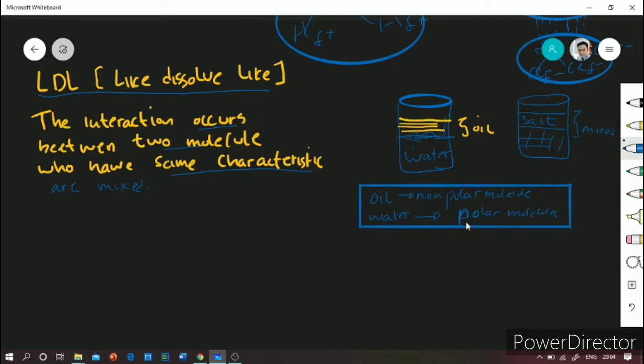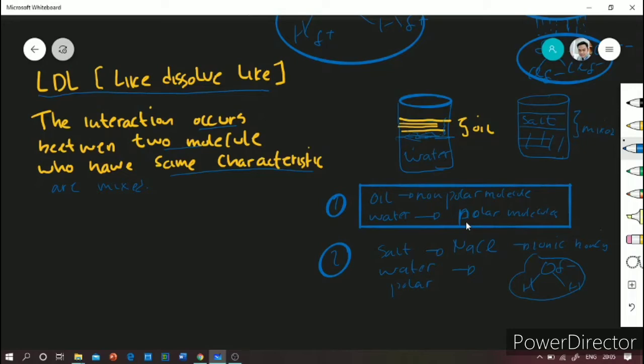But the salt, in the second case, is ionic bonding. Salt is NaCl, of course ionic bonding, and water is polar. They have similar characteristics. Water has partially positive and partially negative charges.